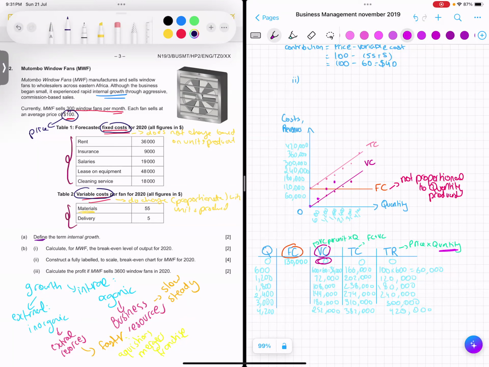And then 240,000, and then 300,000, and then 420,000. Okay, so it's right here. It's quite steeper, as you can see.